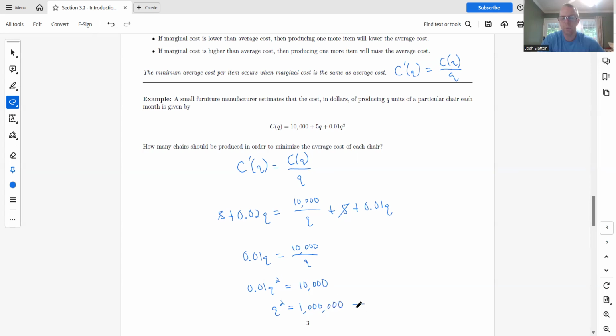Then take the square root, and we get Q equals 1,000. So producing 1,000 of these pieces of furniture, or chairs, I guess it says, will minimize the average cost per chair. So simple as that. This is an easy formula to remember, and then the problem's not too bad.